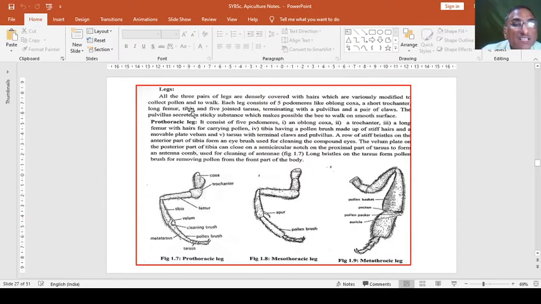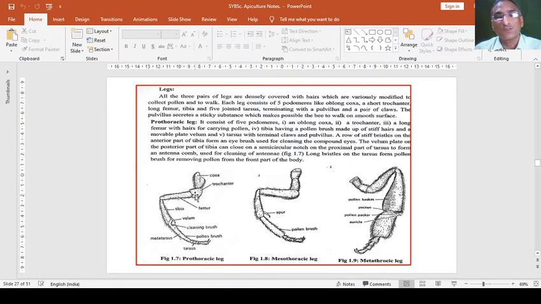So all three pairs of legs are densely covered with hairs which are variously modified to collect pollen and to walk. Each leg consists of 5 podomeres. Podomeres means divisions or sections.